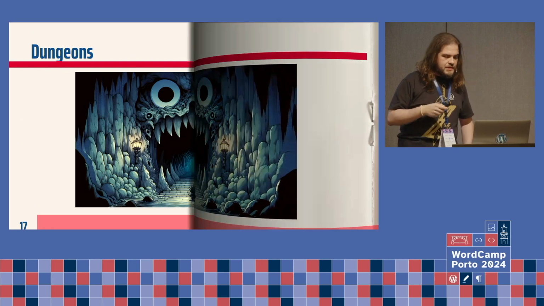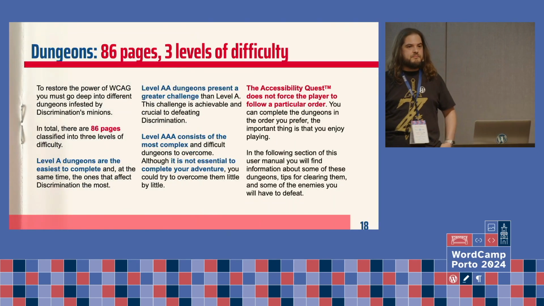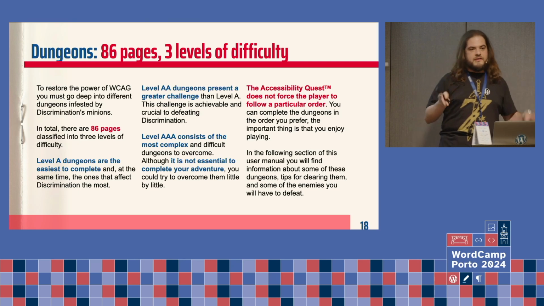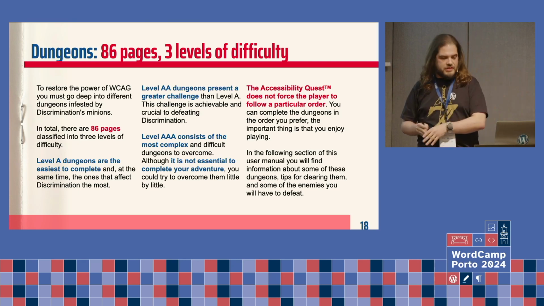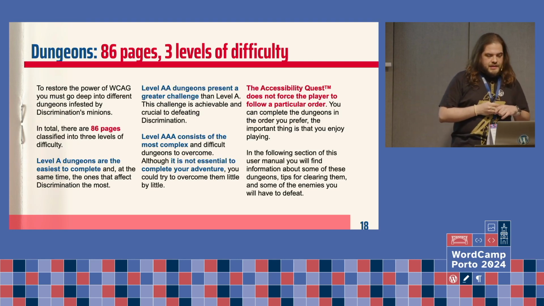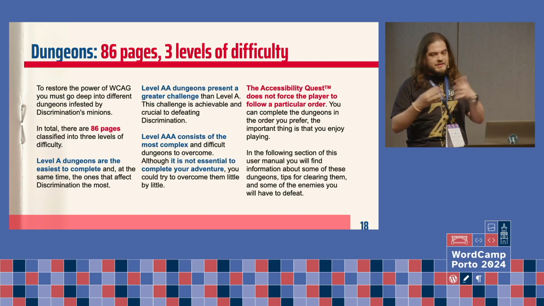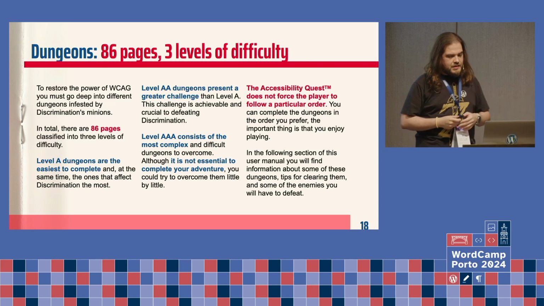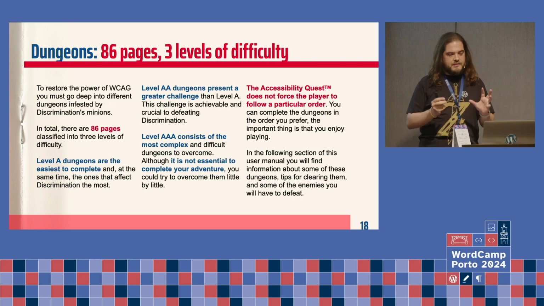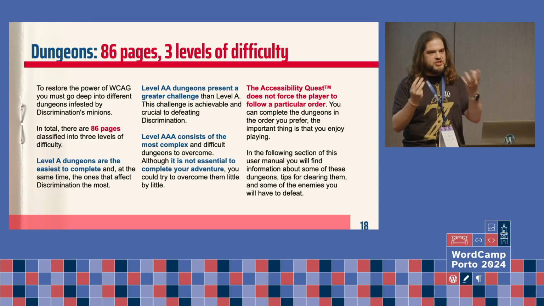In total, there are 86 pages to be recovered, classified in 3 different levels of difficulty. Level A represents dungeons that are the easiest to complete in this game. Level AA are dungeons a bit more challenging.